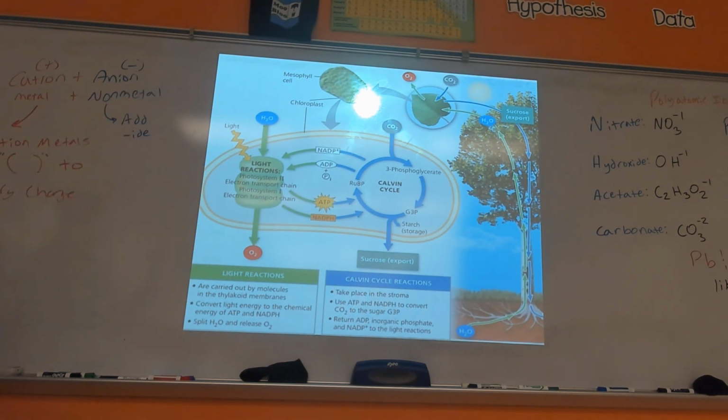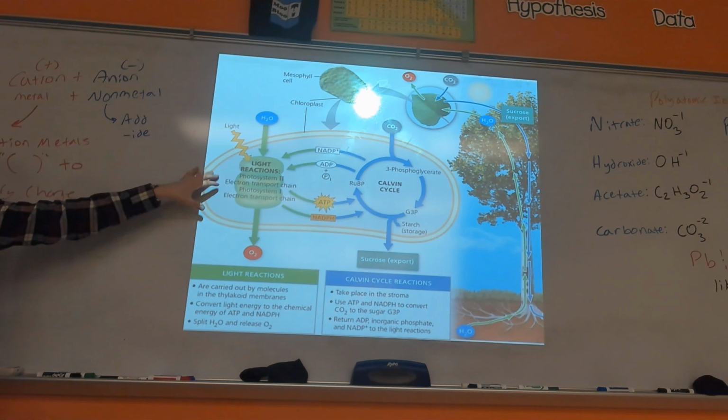Remember the leaf? The leaf is actually pretty complicated, right? There's a lot of different tissue layers in the leaf. Well, the mesophyll cell is the main type of cell in the leaf that is going to do photosynthesis. So zooming in on the chloroplast of a mesophyll cell, that's where the reactions are happening.